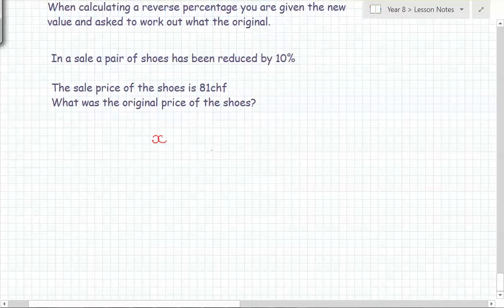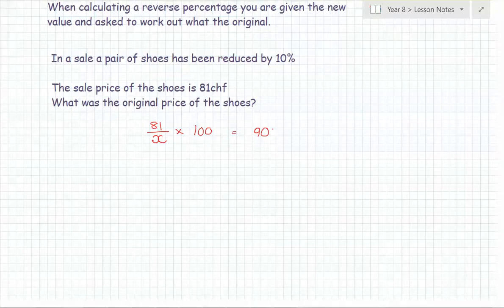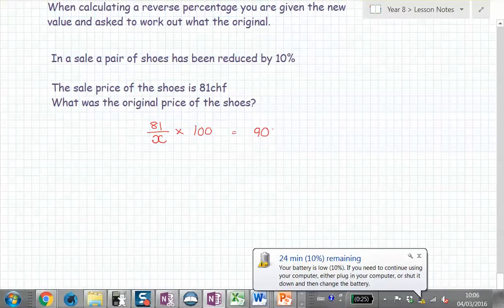So we've got the new price, 81, over the original this time, is equal to, sorry, I should put the times 100. This is what we've just been doing. Times 100 will equal 90. Is that right? Sure? Can I just. Yeah, go on.